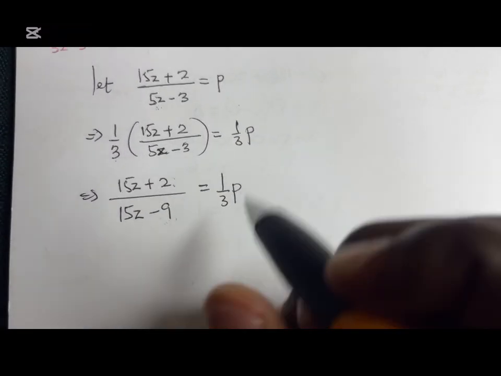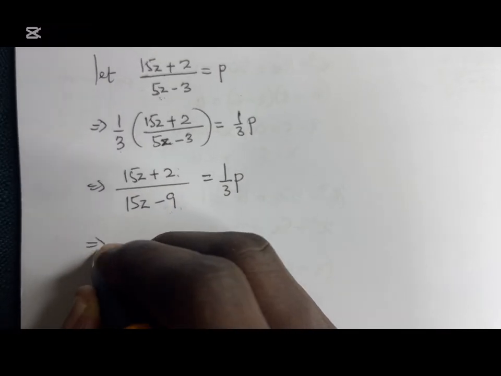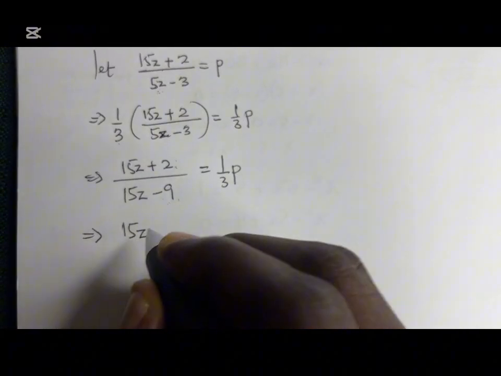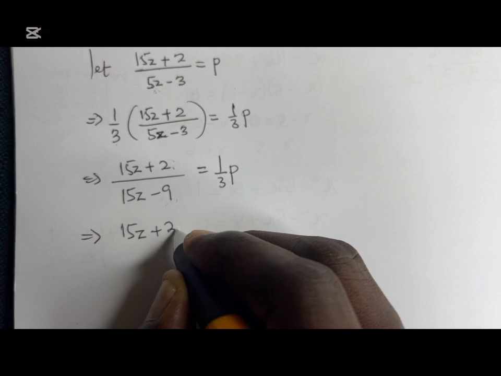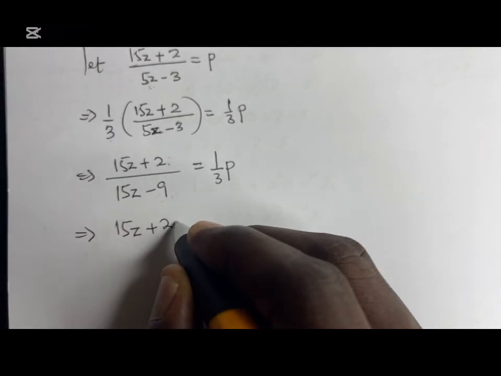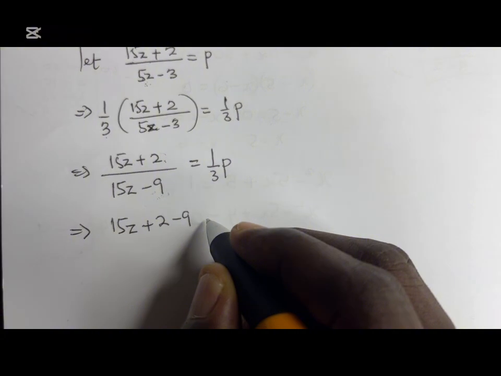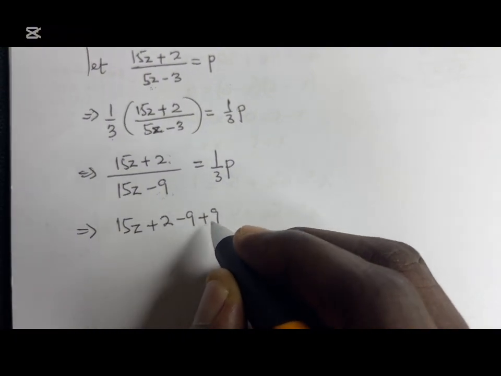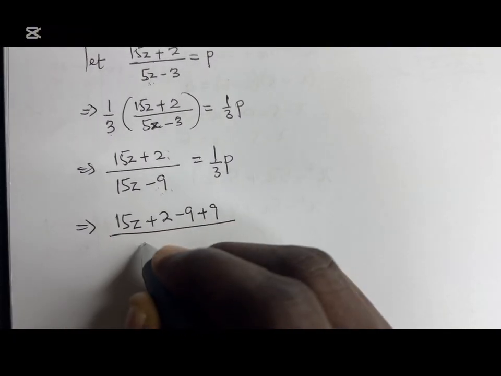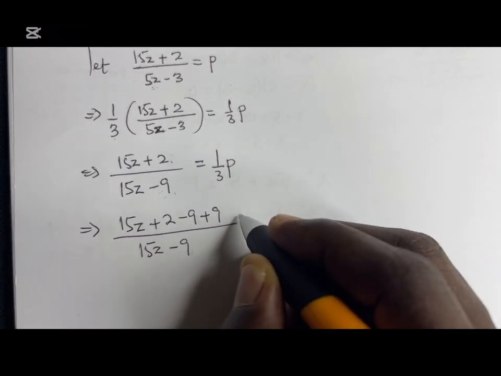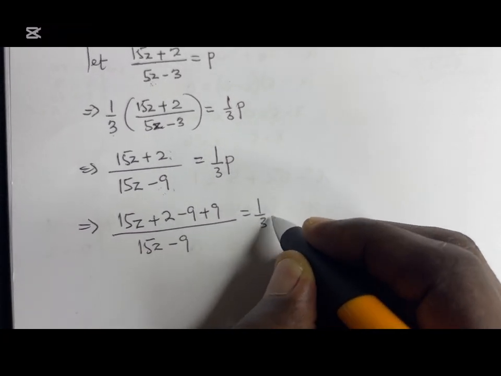So we have 15z + 2. Now this is what you're introducing, so minus 9. When you introduce the minus 9, we need to negate it, so we have plus 9 so that we eliminate it. So we have 15z minus 9 over the denominator equals 1/3 of p.